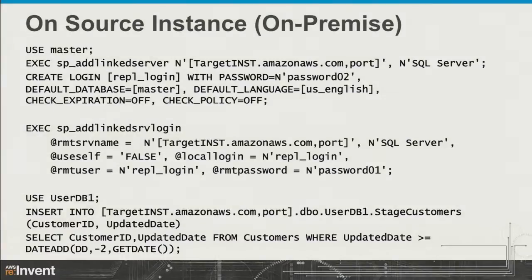On my source instance, first I'll create a linked server and take note of the syntax for defining this linked server that points to RDS. We'll say something like targetinst.amazonaws.com and then the port that you chose.